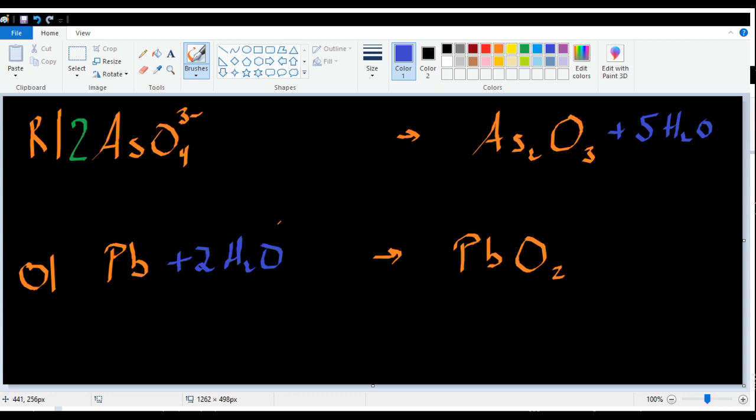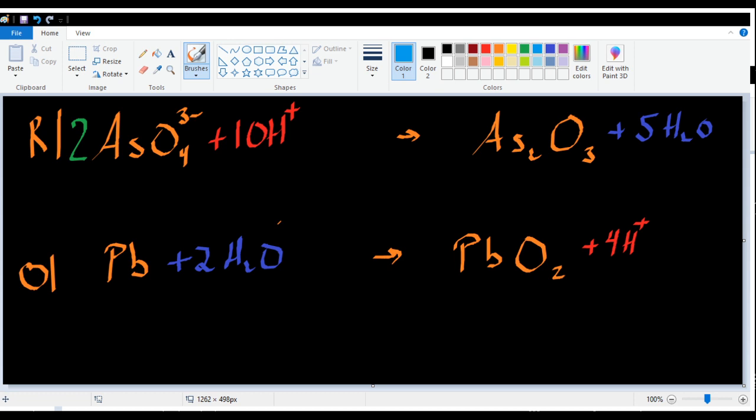Now we balance hydrogen by adding H+. 0 versus 10, we need 10 hydrogens here. 4 versus 0, we need 4 down there. And now we need to balance charge.